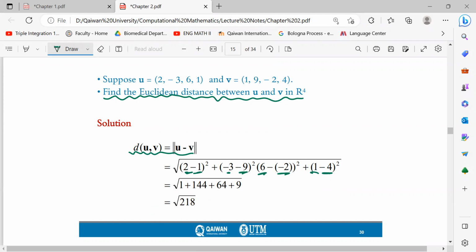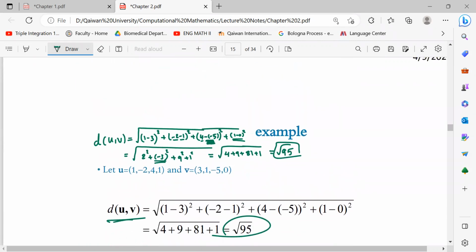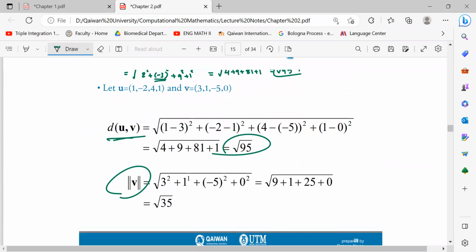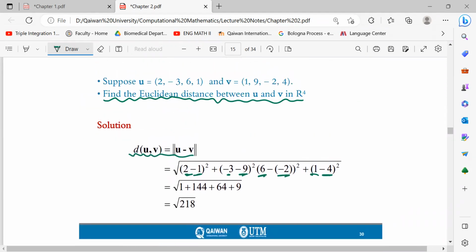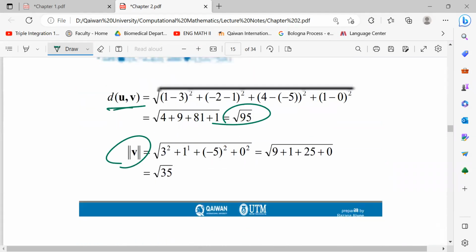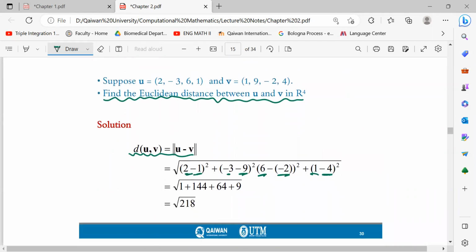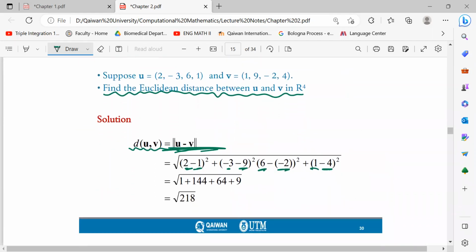We just solved an example like this. It's similar to the above one. It's the same procedure actually. The distance of two vectors can be obtained as the norm of U minus V, as we did before.